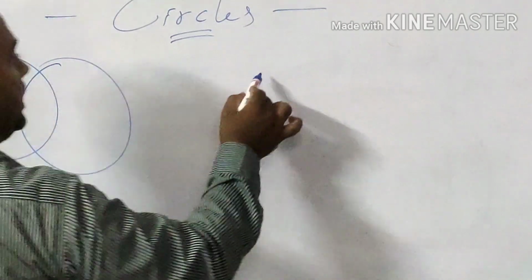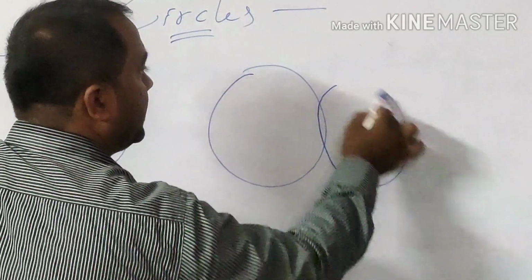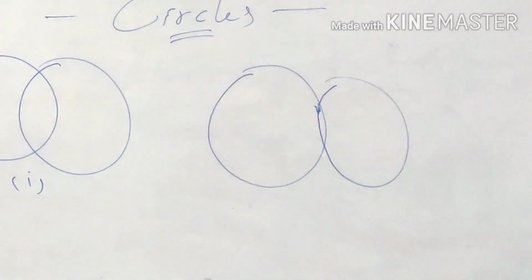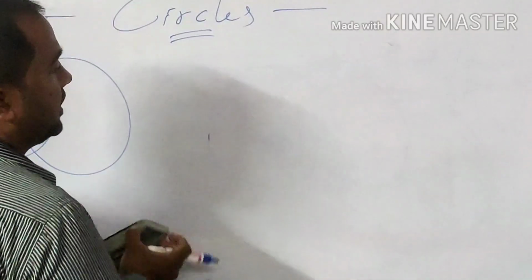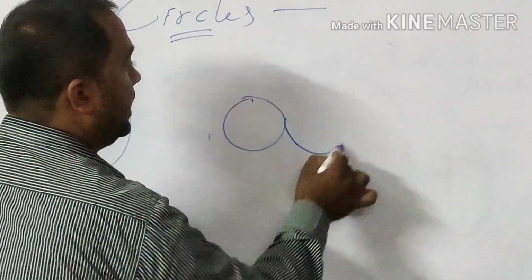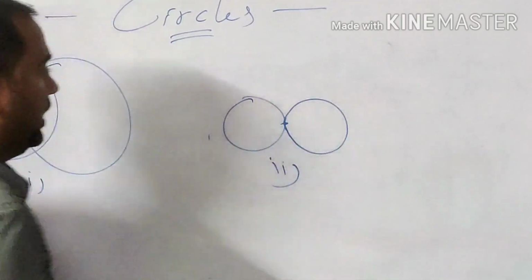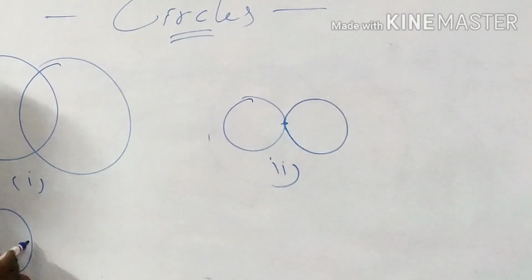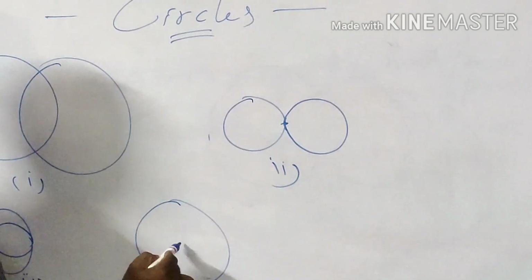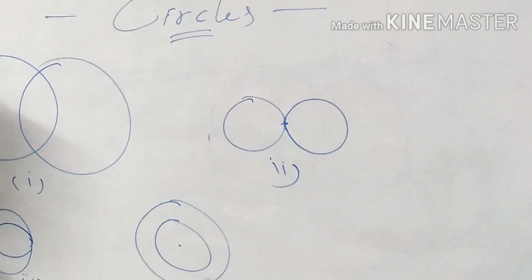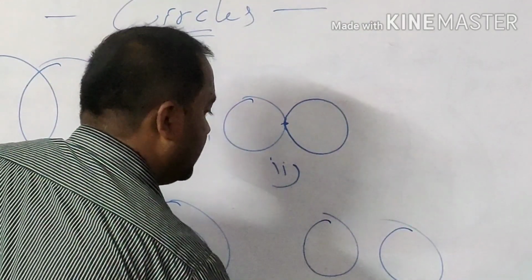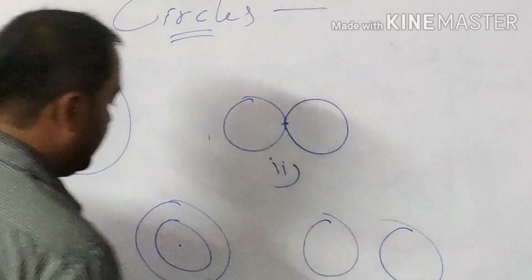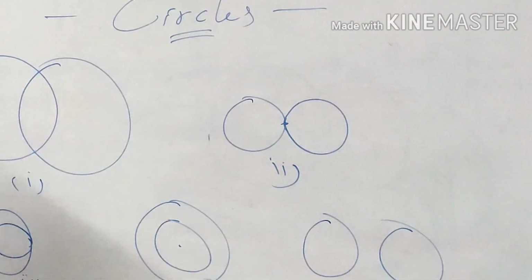Case 2: two circles intersecting each other at 1 point externally. Case 3: two circles intersecting each other internally. Then cases 4 and 5: two circles not touching each other internally or externally. So these points are to be remembered.